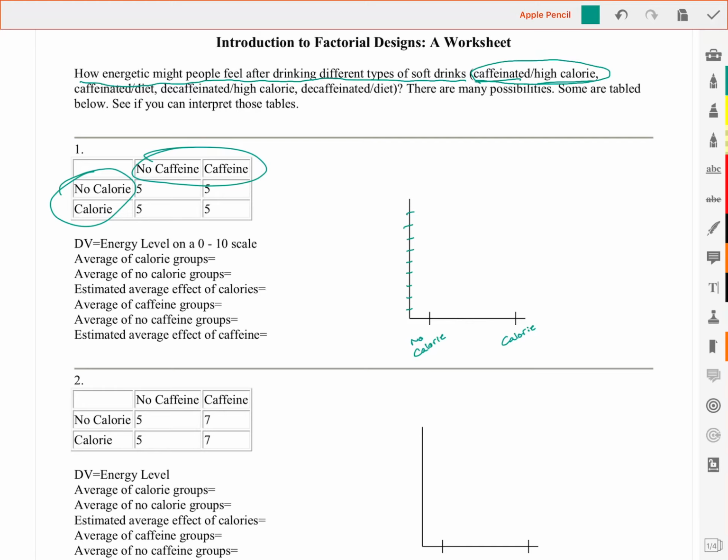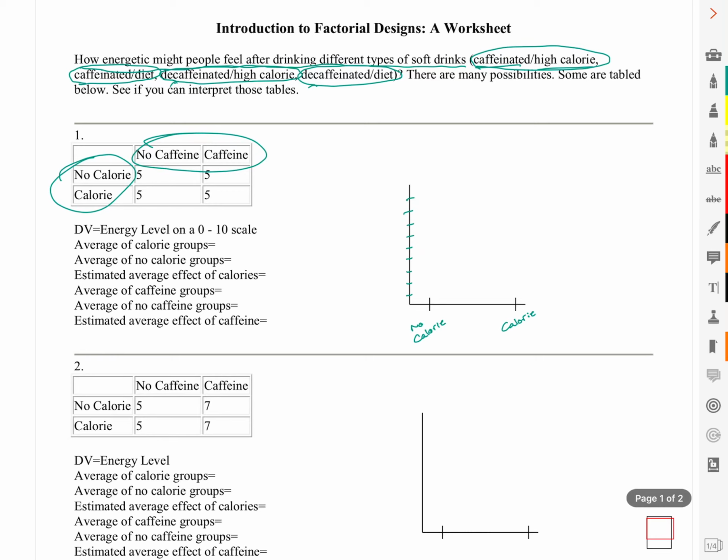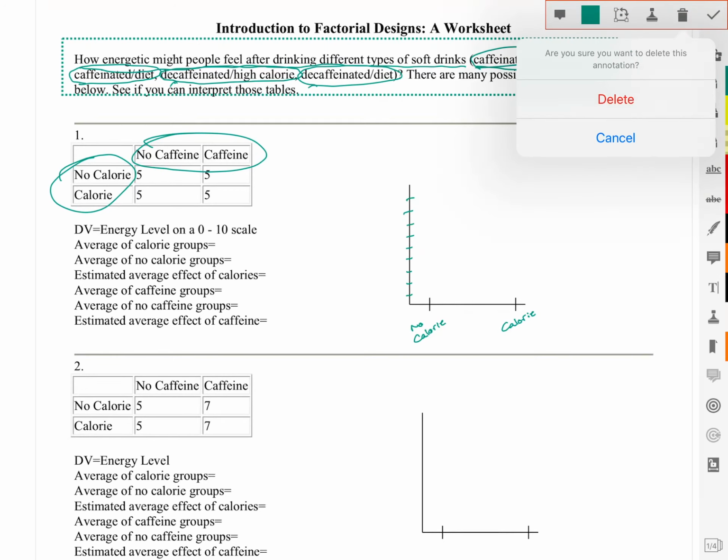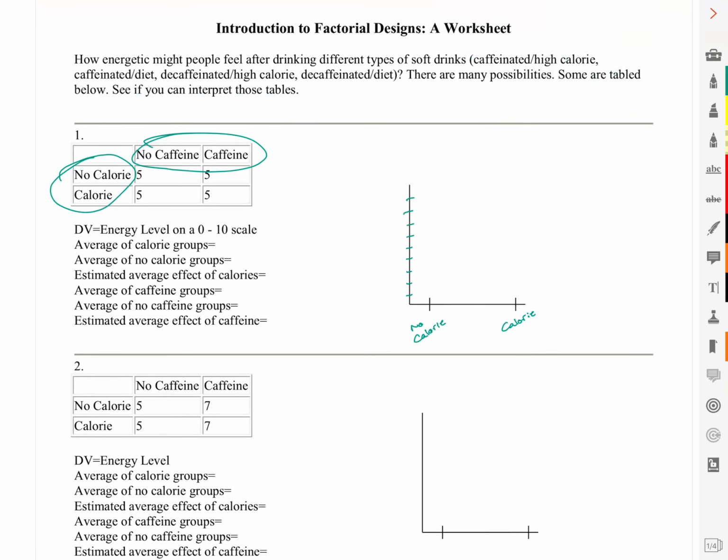You could think of this as like Coke. It could be a caffeinated but diet drink, so like Diet Coke. A decaffeinated but high calorie drink, this would be like caffeine-free Coke. And a decaffeinated diet drink, like caffeine-free Diet Coke. So if that makes sense, what we're going to do is then graph what people's energy levels are like after they consume each one of these.